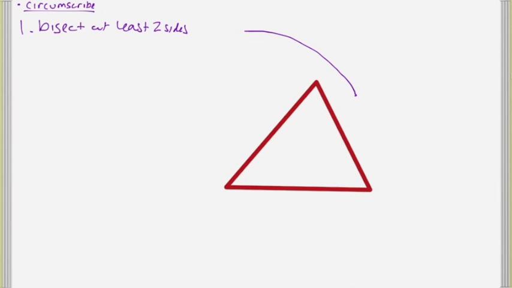Let's see if I can be a little bit more accurate there. Okay, and then I'm going to go over to the other side of the bottom of this triangle and put my compass point and make marks that are exactly the same size.